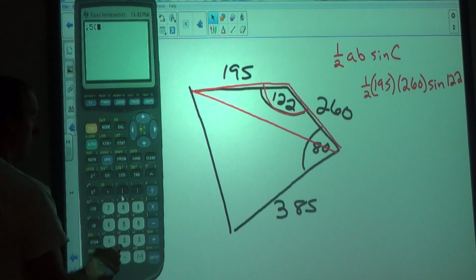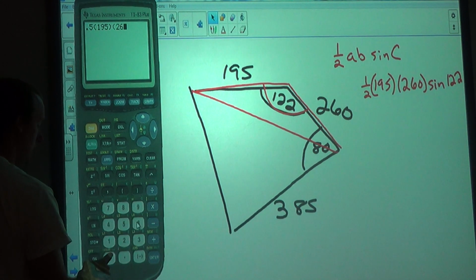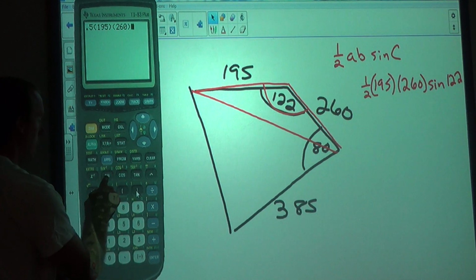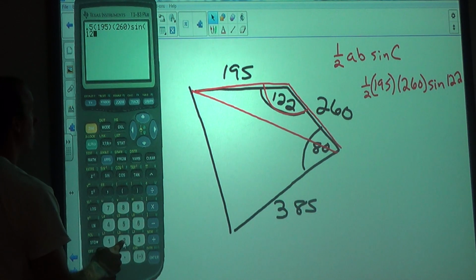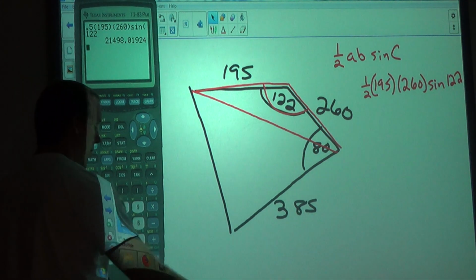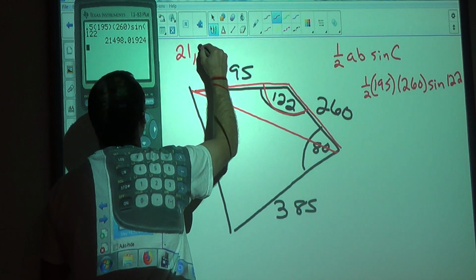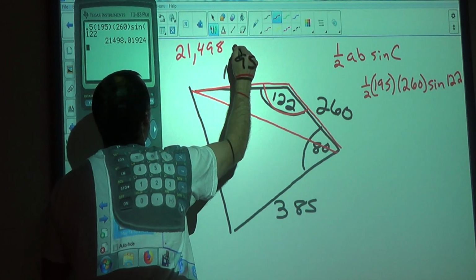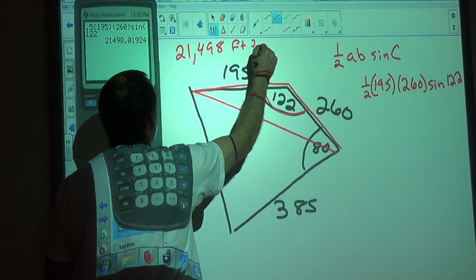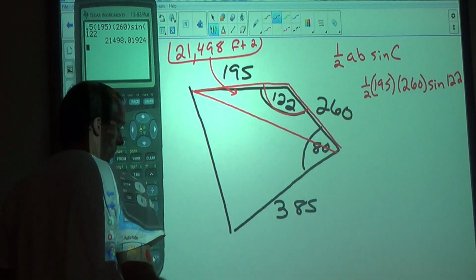So 0.5 times 195 times 260 times sine of 122. That's a big area, but it would make sense. So one of my areas, I'll write it down, 21,498 feet squared. Okay, we'll save that for later, and that's this area here.